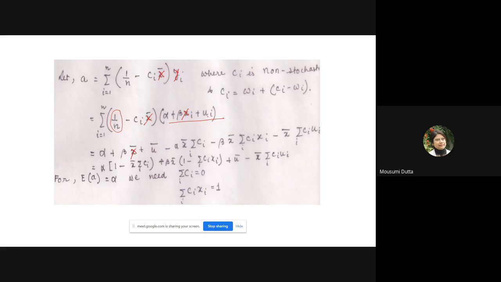In a similar way, summation ui by n, which is u bar. So these are the first three terms while I am considering 1 by n and operating the sum. Next, alpha X bar into summation ci.